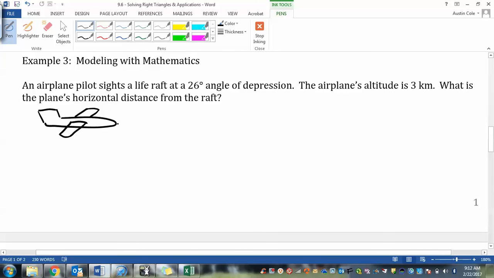And he sights a life raft. That's a life raft.